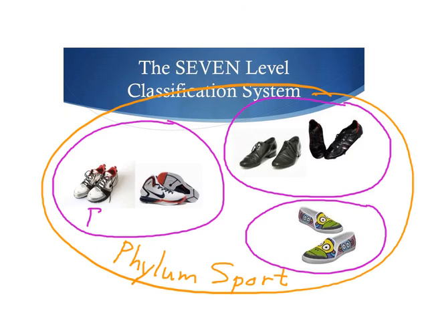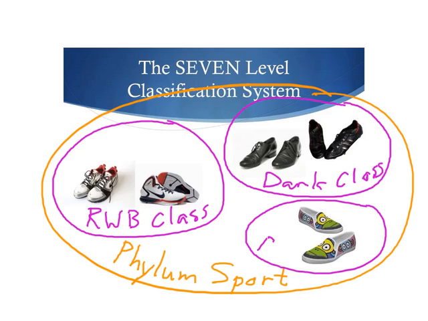I've got my red, white, and black class over here on the left, and I have my dark class on my right, and down below it looks like I've got, I don't know, we'll call this my pastel class of shoes. Looks like in the pastel class I've only really got one type of shoes, so that's in itself its own species.